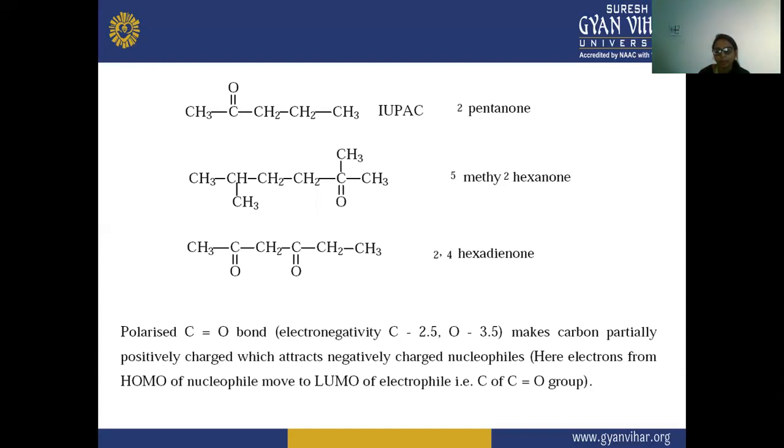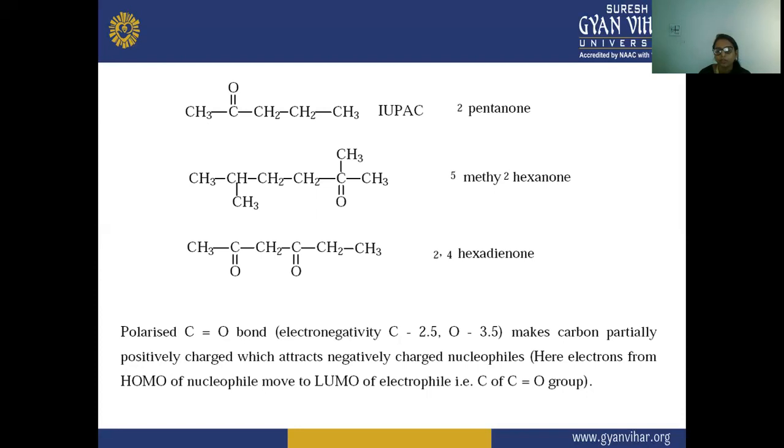Nucleophiles have the capability to donate electrons, so they will donate electrons because this carbon is positively charged and needs electrons. The oxygen is partially negative because it is more electronegative than carbon, so it attracts electrons from the carbon atom; the carbon gets a partial positive charge and the oxygen a partial negative charge.